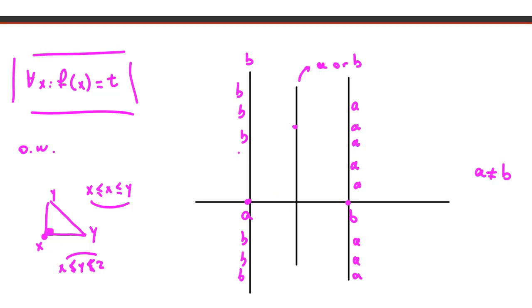And because of this point, if we draw another perpendicular, here we have b, here we have a, here we have b, here we have a, and this part should be a because of this part, but it is not b. So we've reached a contradiction.